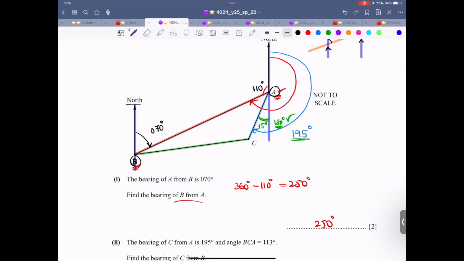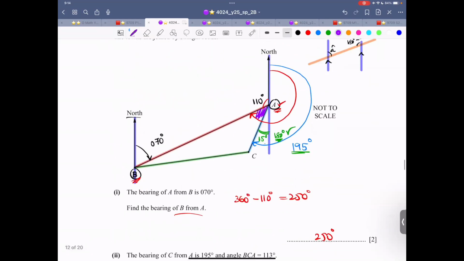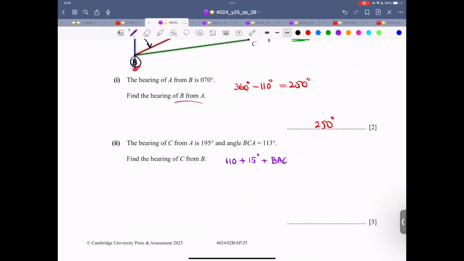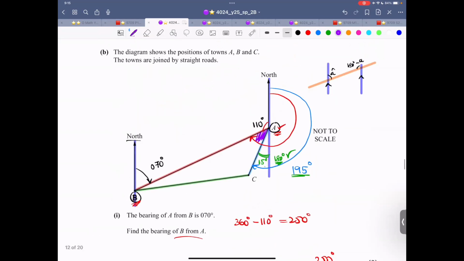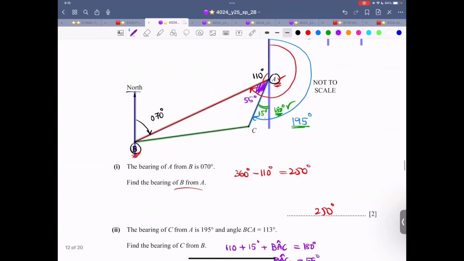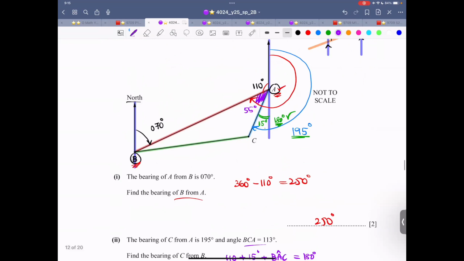So now this angle over here is how much? Let me add 110, 110 plus 15, plus this unknown angle, which is BAC. This adds up to 180 degrees. So 125. So therefore, BAC comes out to be 55 degrees. Now, what else is there? BCA is 113. We also know this. This is 113 degrees.